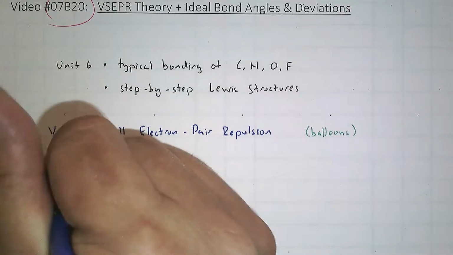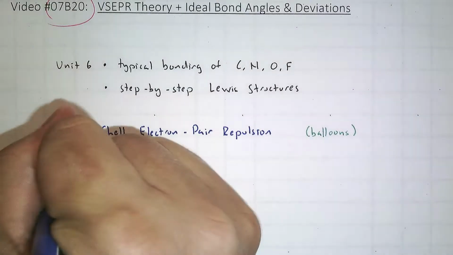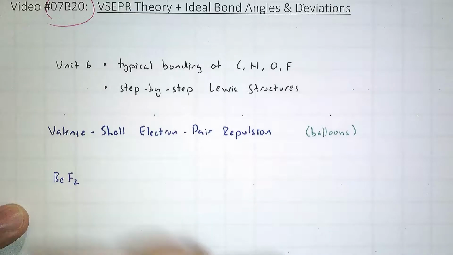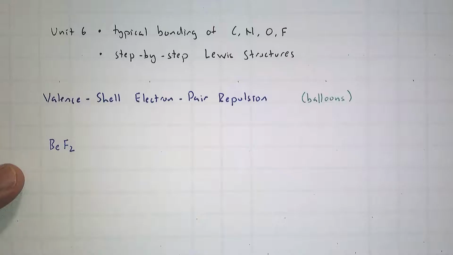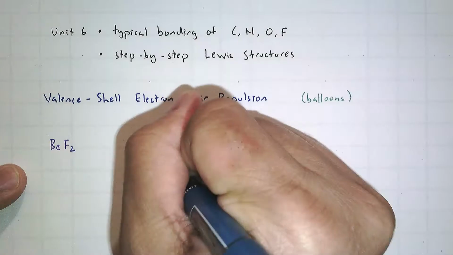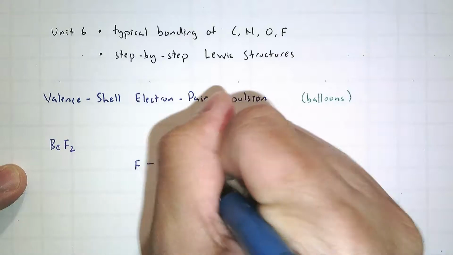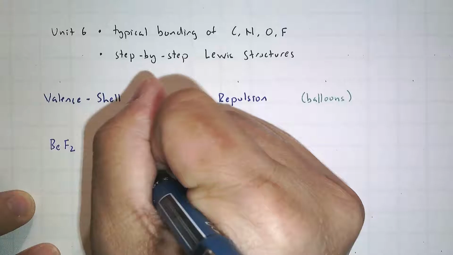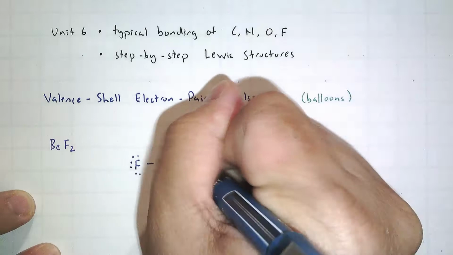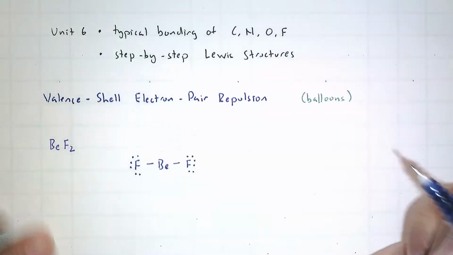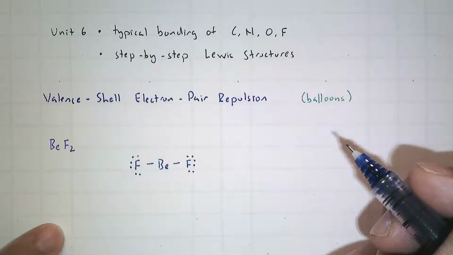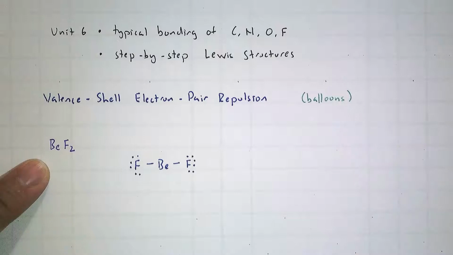In Unit 6, we saw a molecule BeF2, and that molecule has a beryllium atom in the middle. So beryllium is the central atom, fluorine are the outer atoms, and we complete the octet rule for the outer atoms. You can also double check.